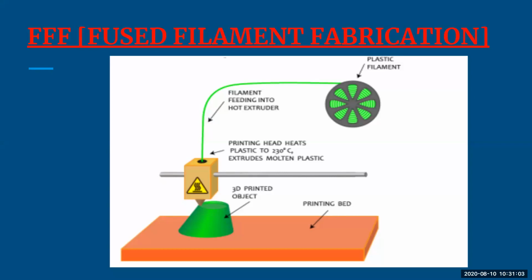So when I talk about the fused filament technique, here also the same concept applies, that at each step or at each layer, your material is being added. So the material added here is molten plastic. Okay. Every type will have a different material which will be added. So you have to always remember in which type which material is added. Here the material added is molten plastic that will help you to create a model or a product.